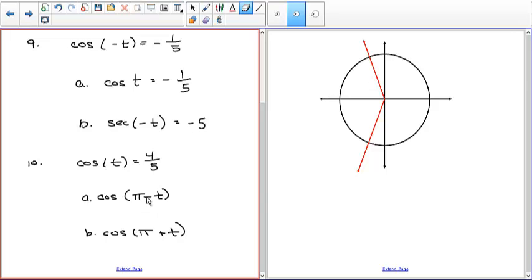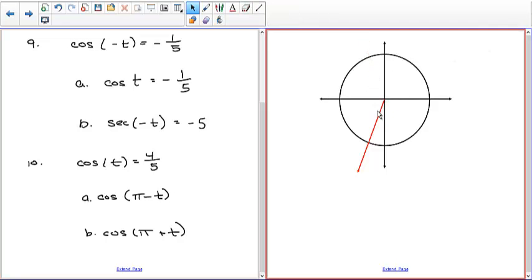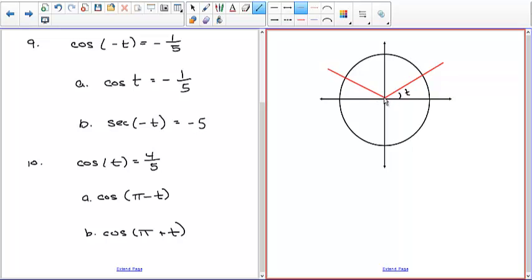So you can see what's going to happen, let's just see what's going on here. So let's say we have some angle T. So this is my angle T. Then if I want pi minus this angle, that's going to put you here.